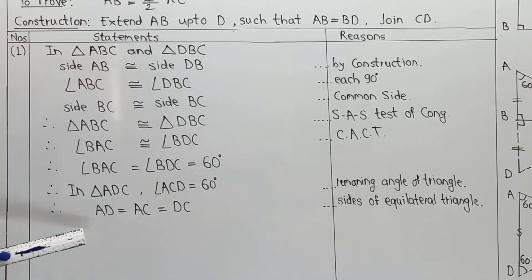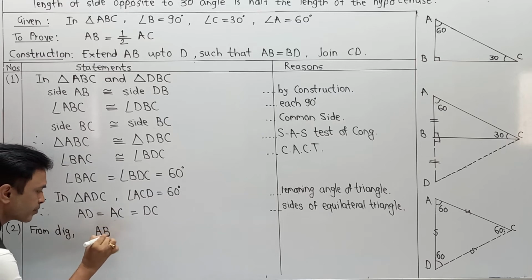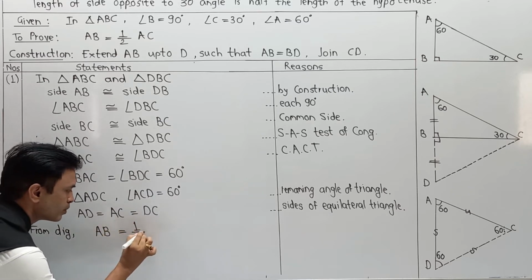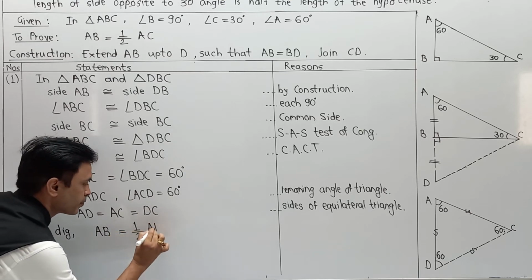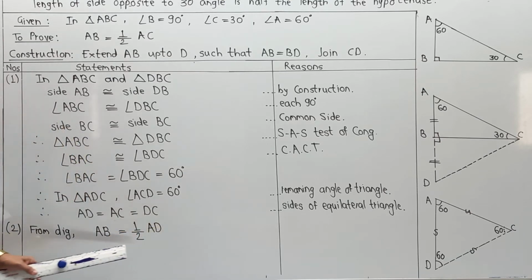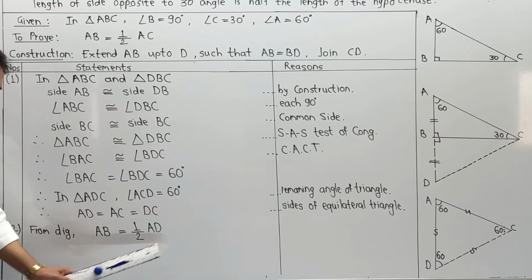And in this way, first of all, three sides are equal. Now here is the second part that I am going to mention. What exactly? AB is half of AD. So I can say from the diagram, AB is equal to half of AD. But what is meant by AD? AD is equal to AC.